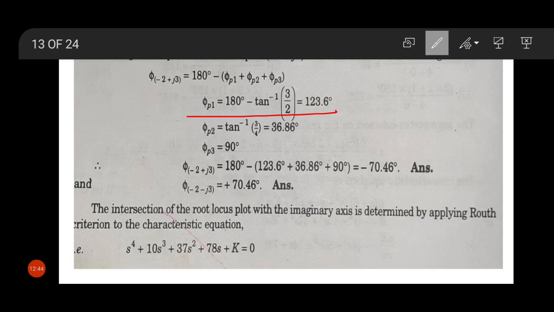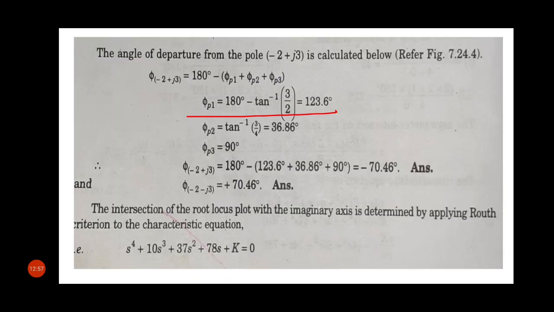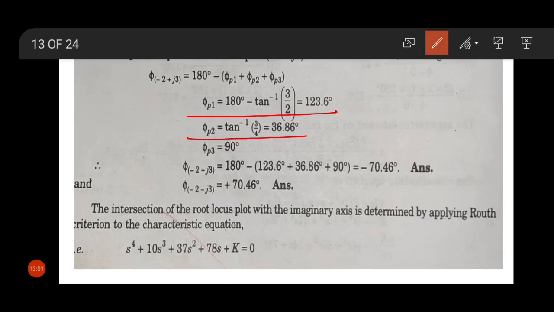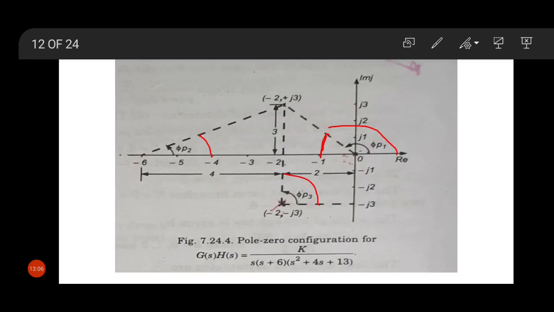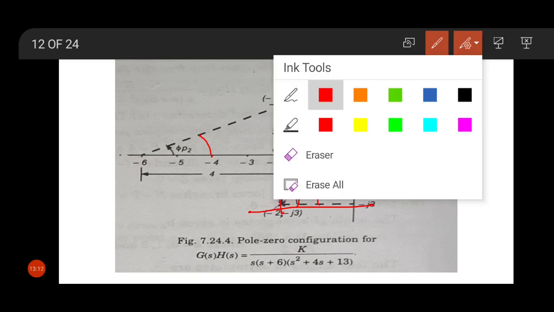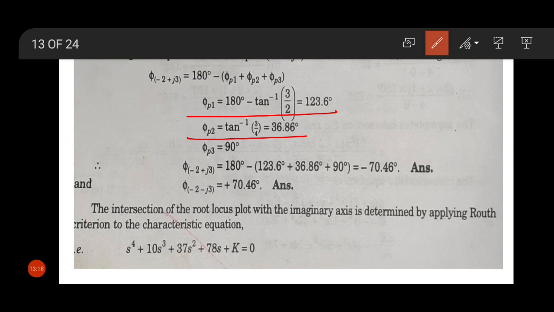Now we calculate phi p2. Phi p2 is equal to tan inverse 3/4, that means 36.86 degree. And phi p3 is this, and this is our 90 degree. Here I have mentioned phi p3 as 90 degree.